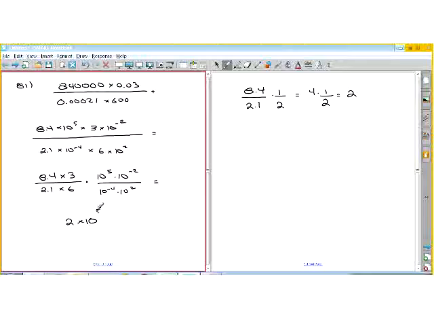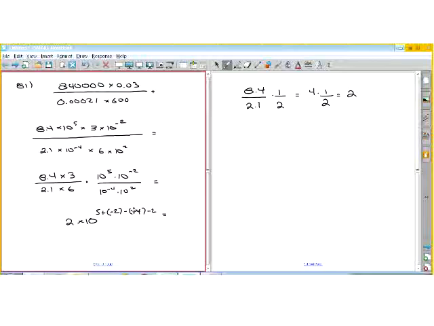And then we have 10 to some power. So we take 10 to the 5th, we add the exponents, and we subtract the exponents that are in the denominator. So you got 5 minus 2, which is 3. Here we have plus 4.